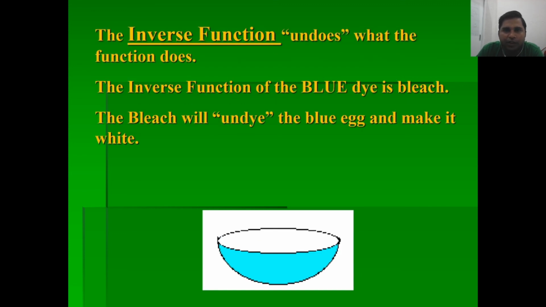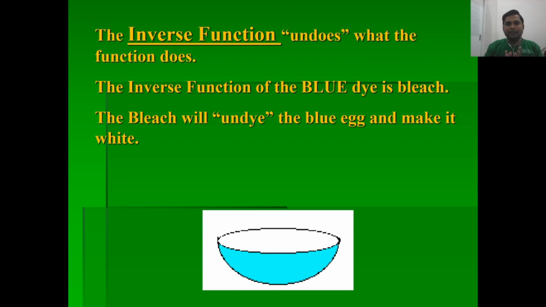So an inverse function undoes what the function does. The inverse function of the blue dye is a bleach. So the bleach will undye the blue egg and make it white. Initially the egg was white and we put it in the function and the output was a blue egg.